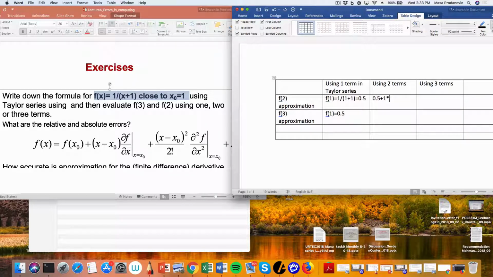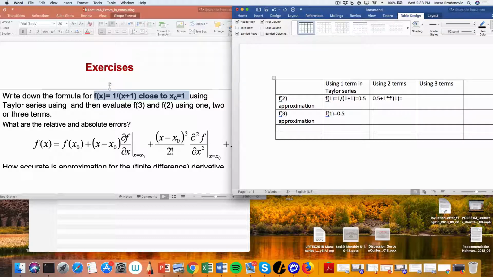What is f prime of 1? F prime of 1 is minus 1 over 2 squared. Anybody?